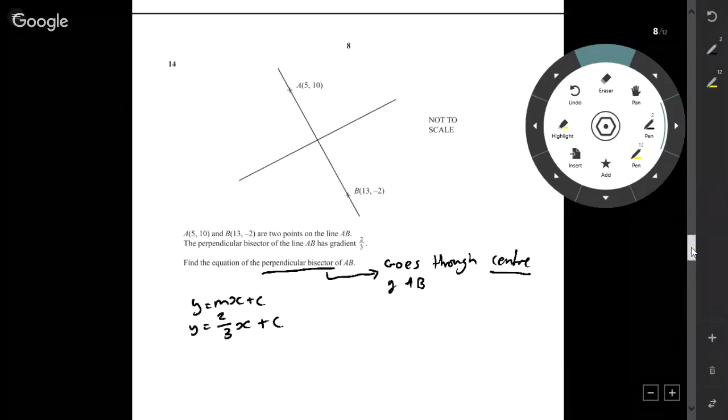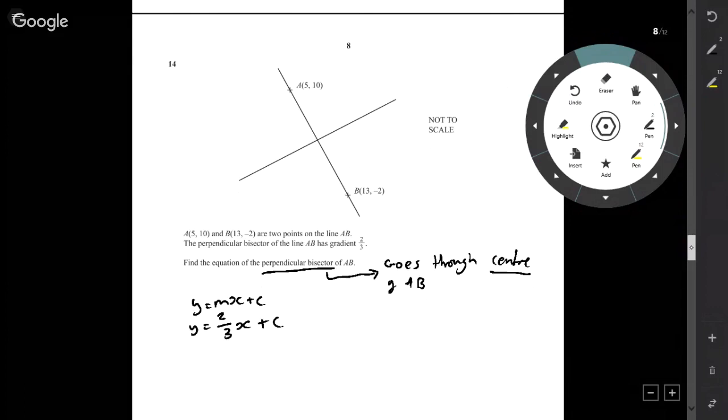Next, number 14, this is a perpendicular bisector. That means that it goes through the center. This line is the perpendicular bisector of AB. It goes through the center, therefore, of AB. So find the equation of the perpendicular bisector. Well, we know that the equation for a line is y equals mx plus c.